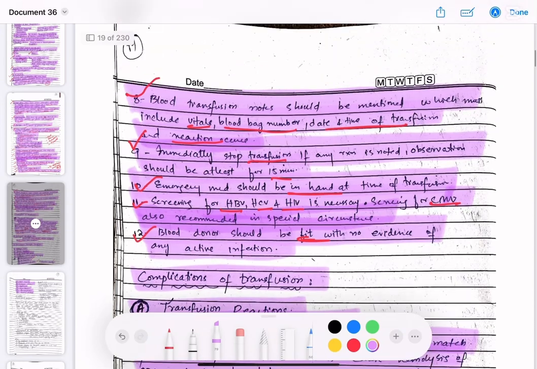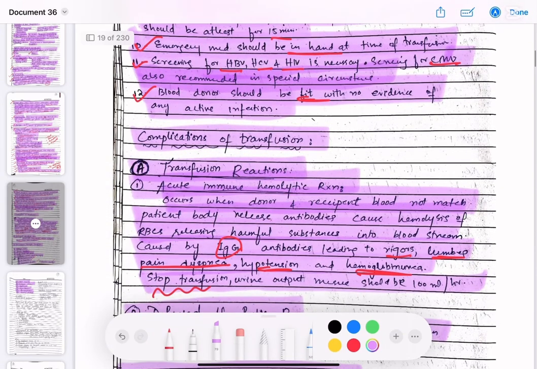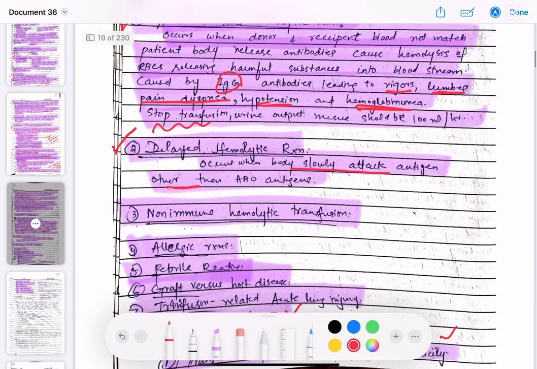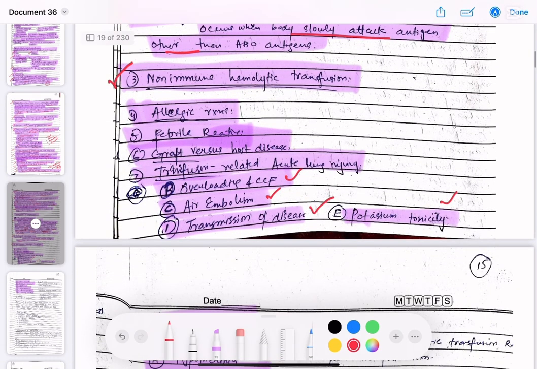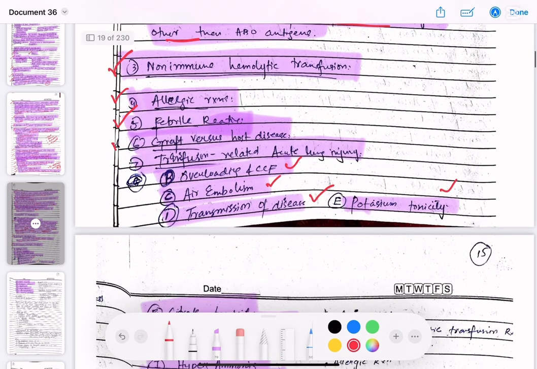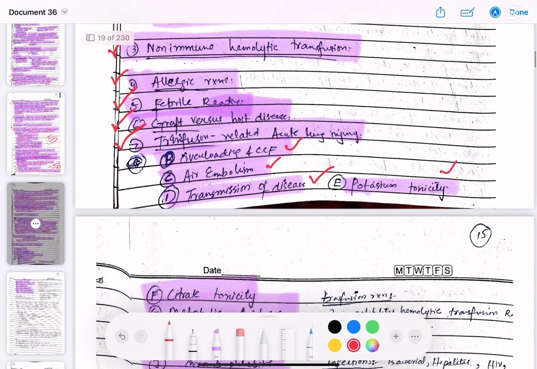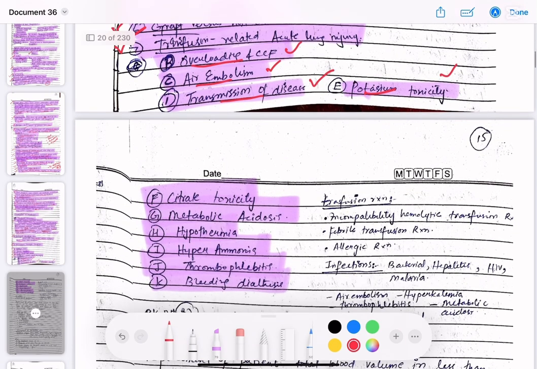These are the acute immune hemolytic reaction, delayed hemolytic reaction, non-immune hemolytic reaction, allergic reactions, febrile reactions, graft versus host disease, transfusion-related acute lung injury, and overloading and CCF, air embolism, transmission of disease, and potassium toxicity. Then citrate toxicity, metabolic acidosis, hypothermia, hyperammonemia, thrombophlebitis, and bleeding disorders.